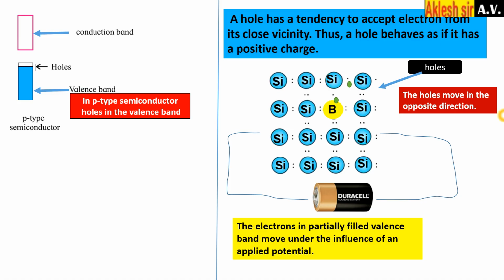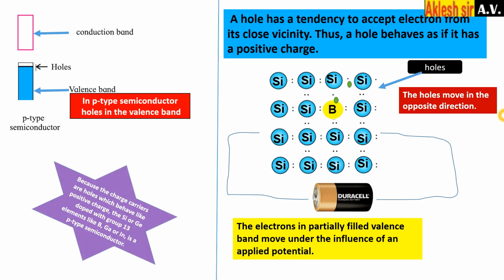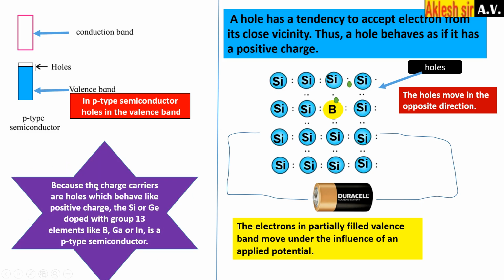The hole is moving in the direction opposite to the electron. Suppose the electron is moving in the left direction, the hole is moving in the right direction. The hole's direction is opposite to the electron's motion. So what is the charge carrier here? Here it is the hole, which behaves like a positive charge.